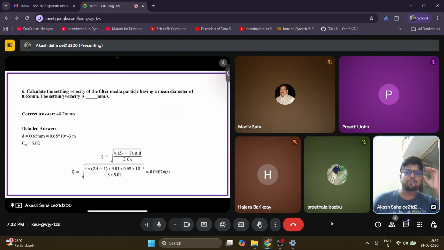Otherwise, your answer would be 40 millimeter per second if you just leave it at 0.04 meter per second. So 48.7 mm per second will be the answer.